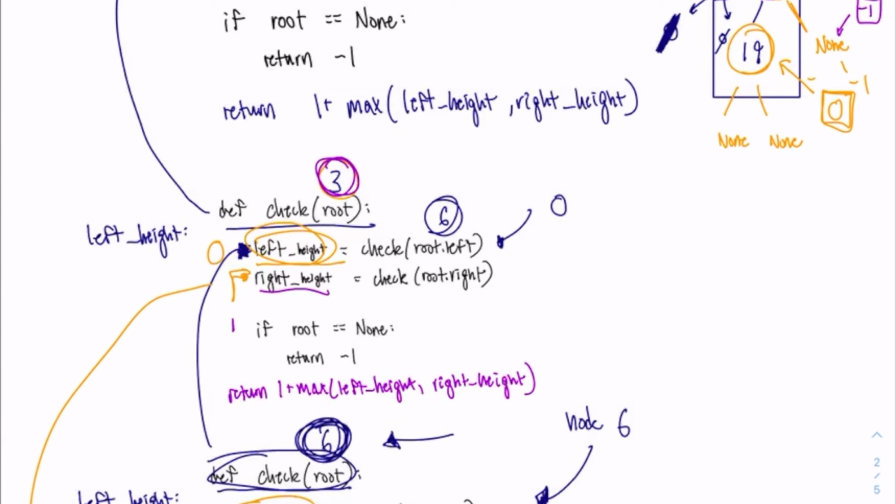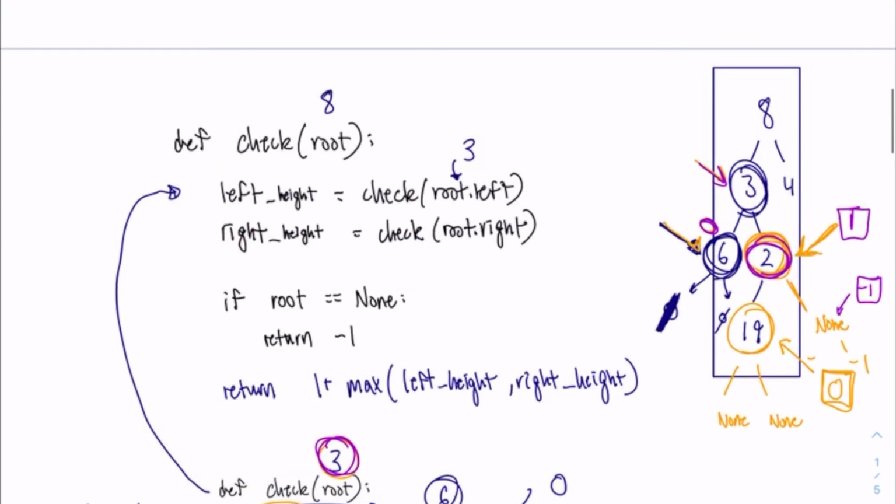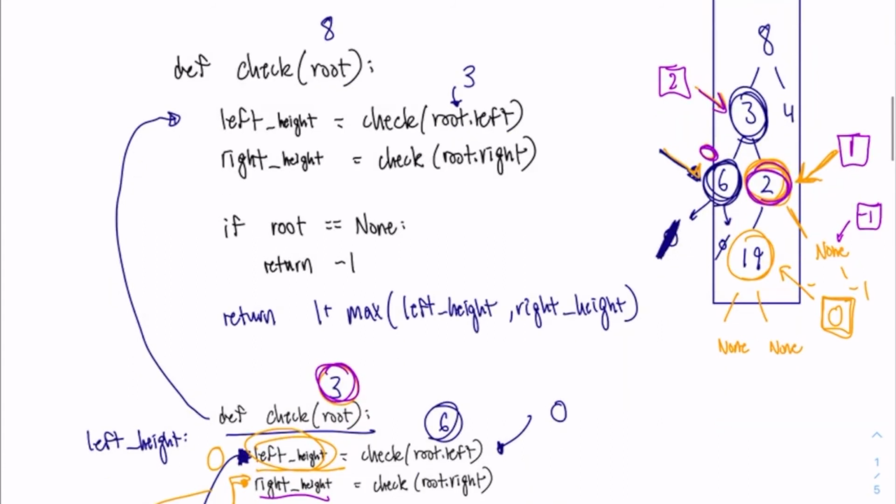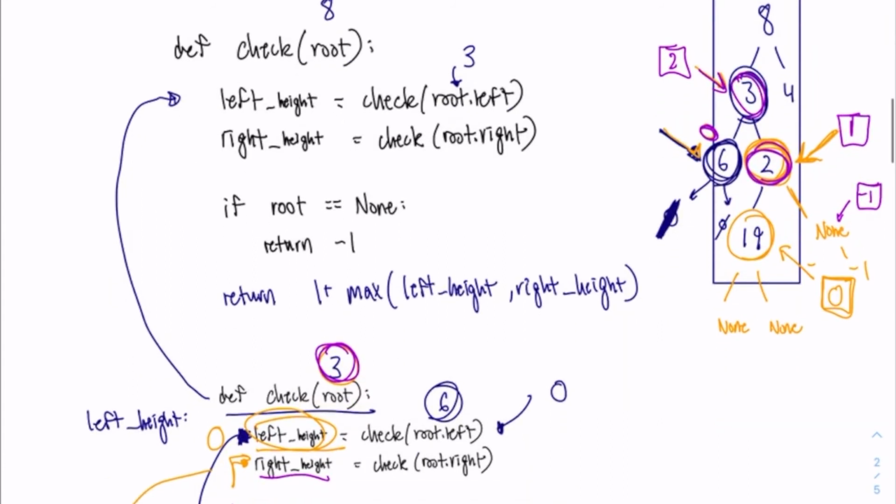So this would be 1 plus max of 0 and 1 is 1, so 1 plus 1 is 2. So we have node 3 with a height of 2, and we can, now that we finished node 3, we can finally go back up to the main check that we started with, and we can say that left height has a height of 2, return of 2.